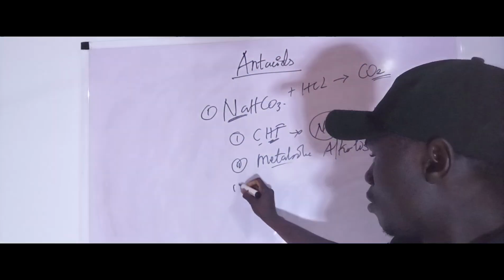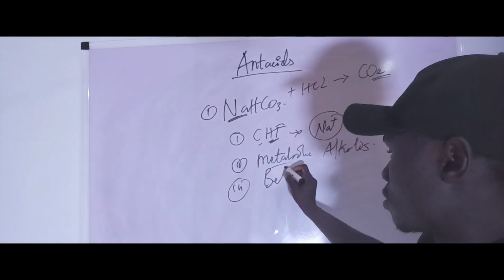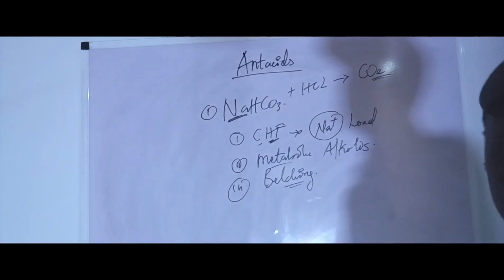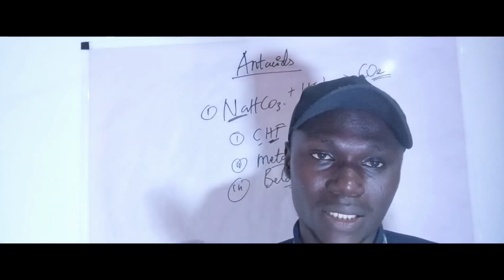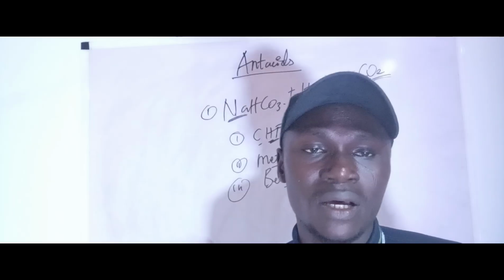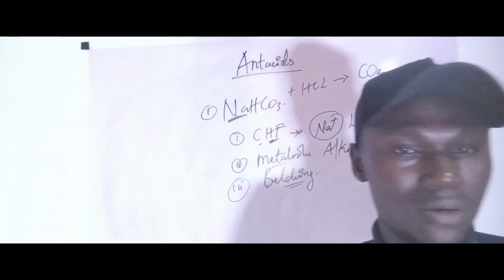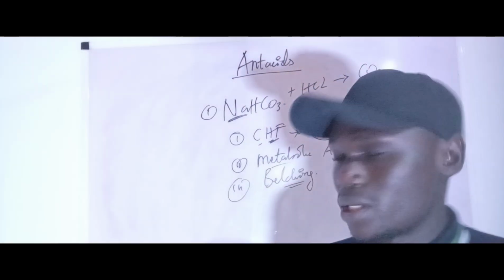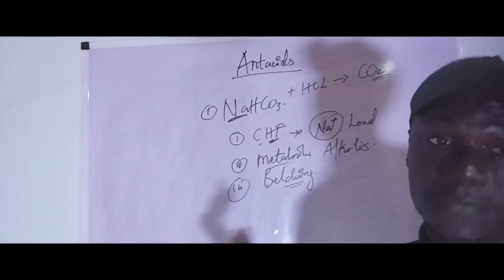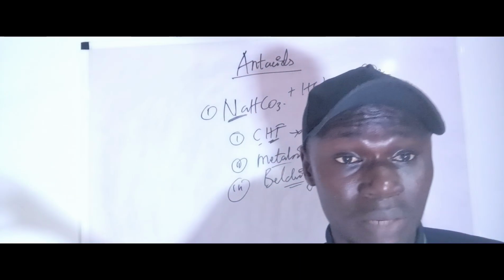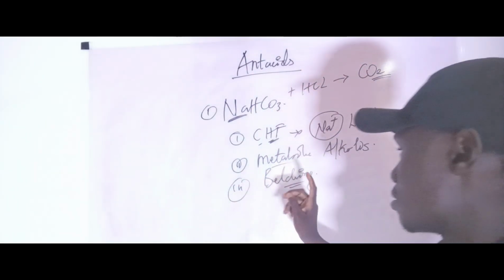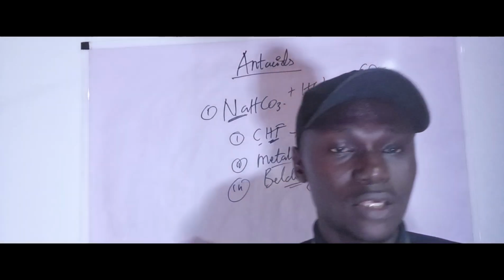So the third reason is that they can cause belching. Okay, so sodium bicarbonate was the first antacid that was used, but for now it's not used again. Because in heart failure patients they increase sodium load, they can be absorbed into systemic circulation and cause metabolic alkalosis, and they can cause belching when they release CO2.